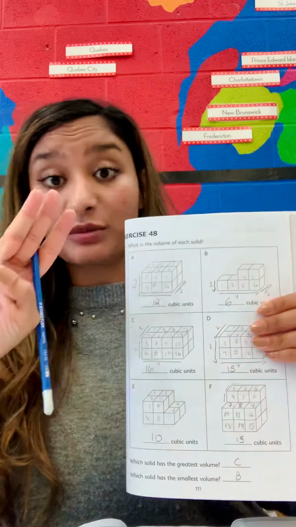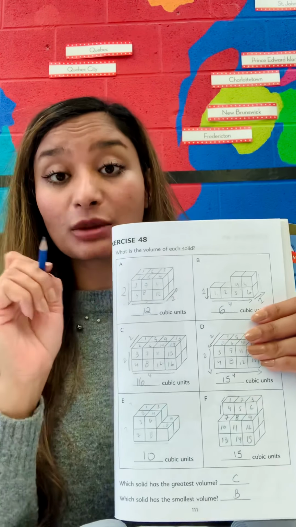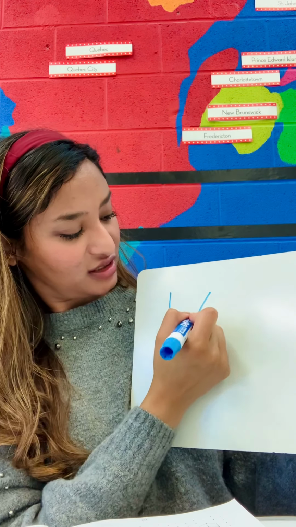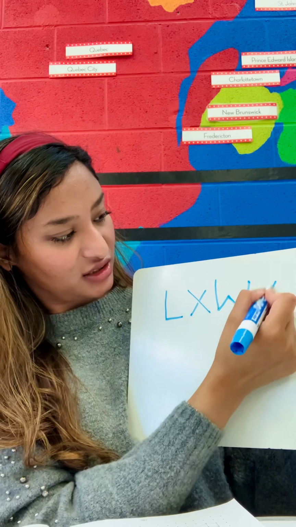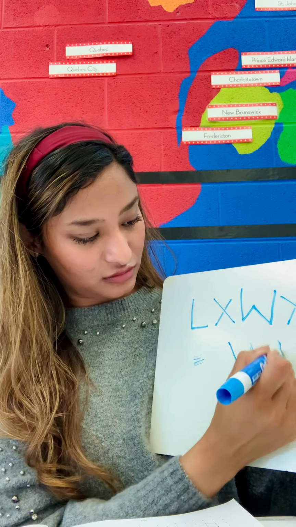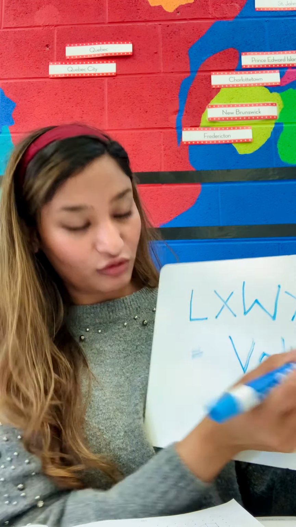Okay, so 3 dimensions, 3 sides. You multiply all of them to get the volume. I want you to remember this: we multiply length, width, and height to get the volume. So it would be length times width times height, that is equal to volume.